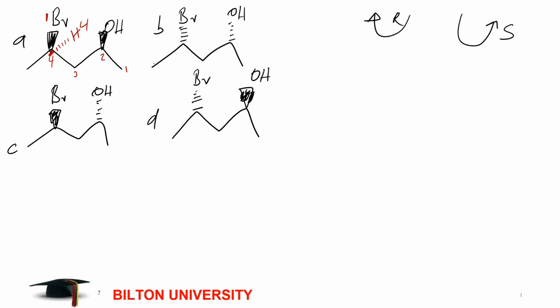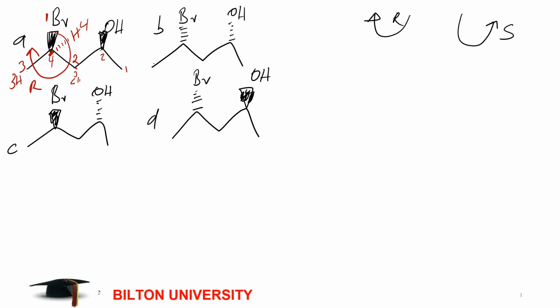And then if we look at this carbon and this carbon, here we have 3 hydrogens. Here we have 3 hydrogens, and this carbon is directly attached to this carbon, so we have carbon and 2 hydrogens, and therefore this is going to be our second priority, and this is going to be our third priority. And remember, our bromine, which is our first priority, is in the front and hydrogen is in the back. So it is very easy in this case, we can move clockwise, giving carbon number 4 an R configuration.